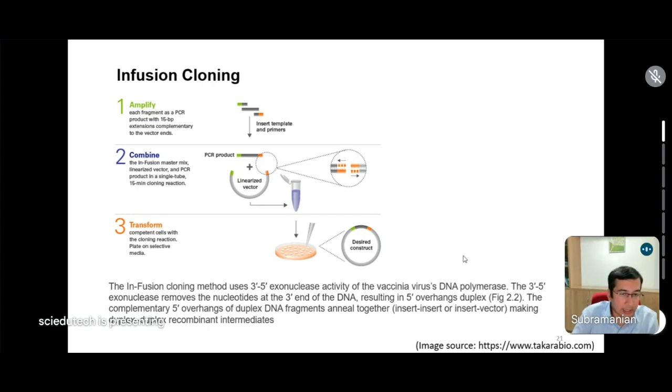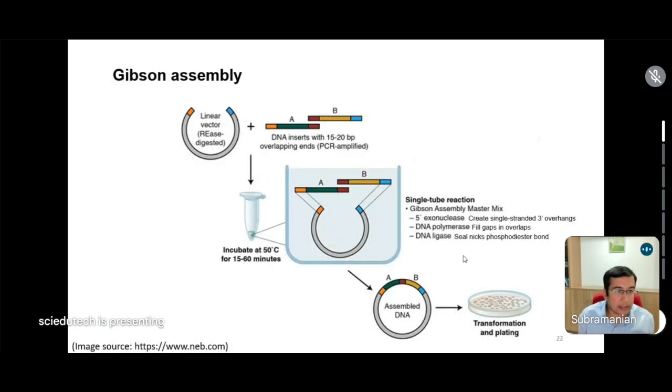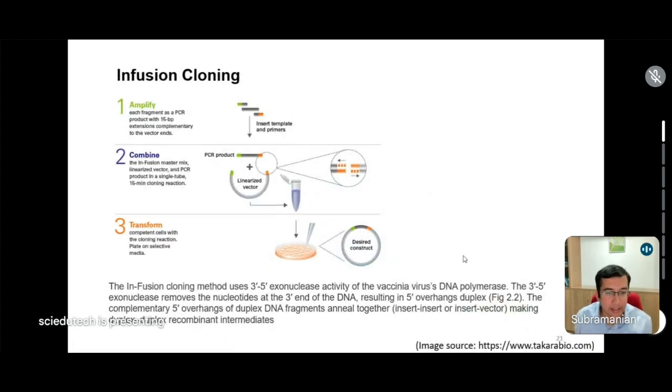This again works on recombination, and then you transform this recombined vector into the bacteria. The In-Fusion cloning method uses the 3' to 5' exonuclease activity of the vaccinia virus DNA polymerase.